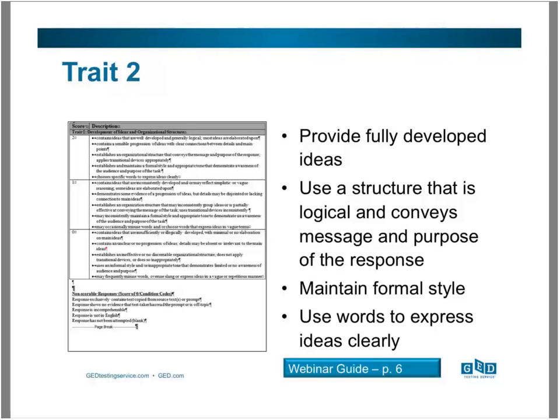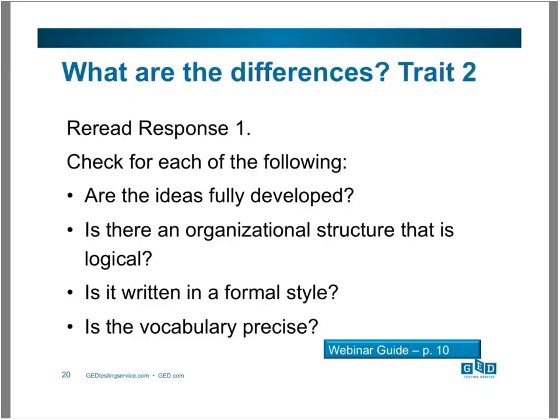And not to forget that last one, that we really use words to express ideas clearly. This is a high school credential that our students are working to earn, and do they have the skills that they're going to need in order to do that? Just as a reminder, back on page 10, if you take a look at response 1, you're going to see that sense of organization is there.